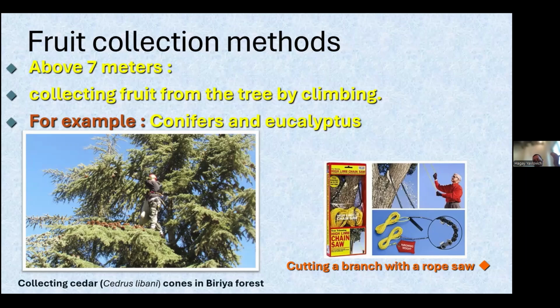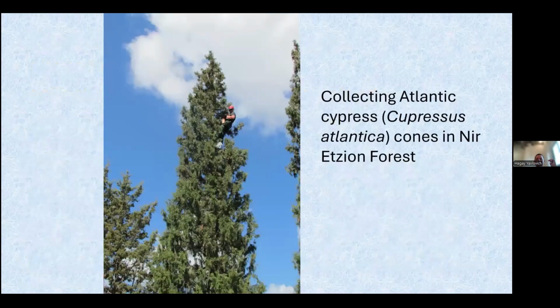We have a course once a year, all my team, and we climb the tree. We became professional, and it's not an easy work, but when you become professional, it becomes not as difficult as it looked. So let's see some nice pictures here.